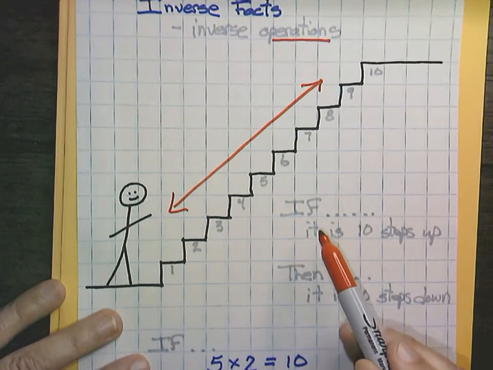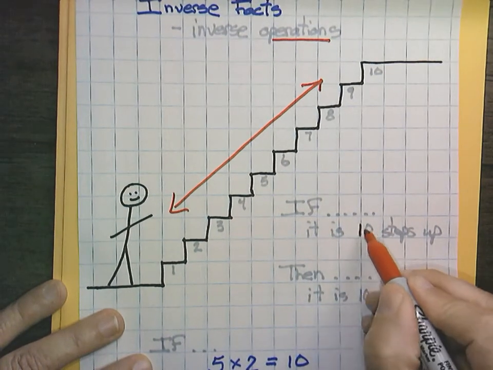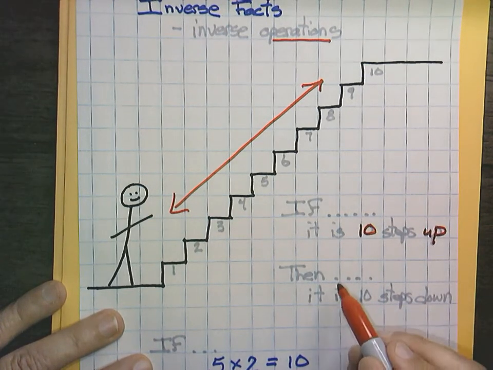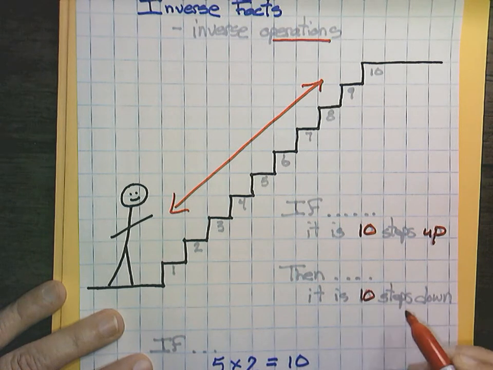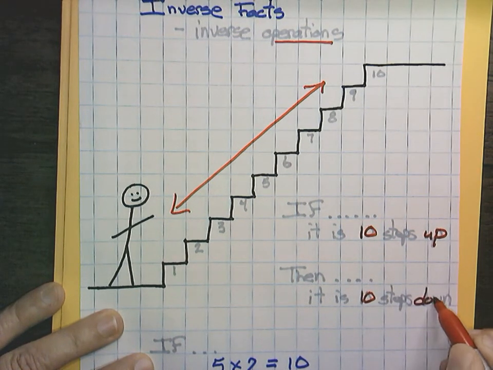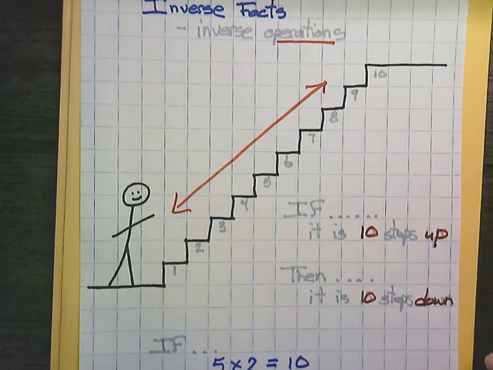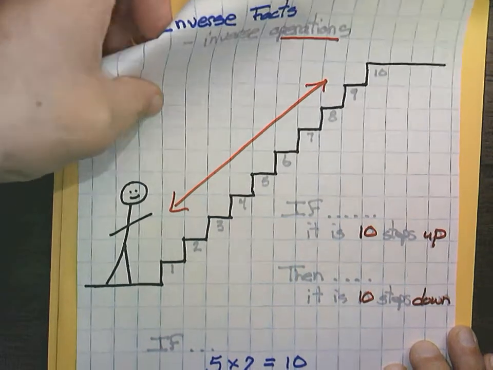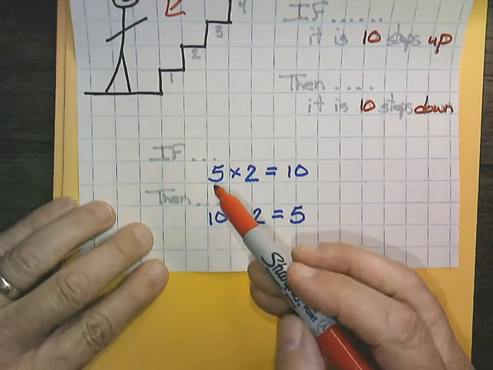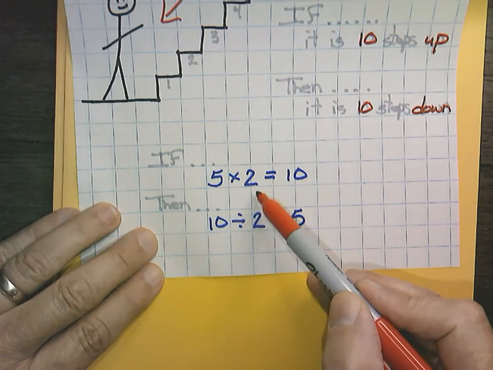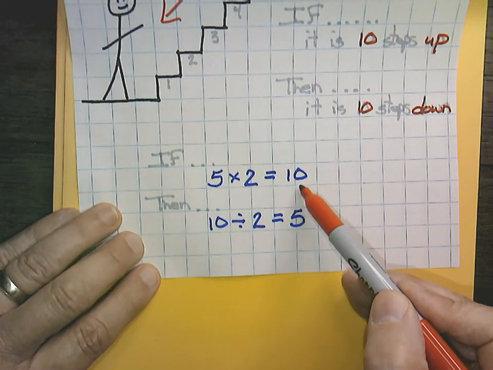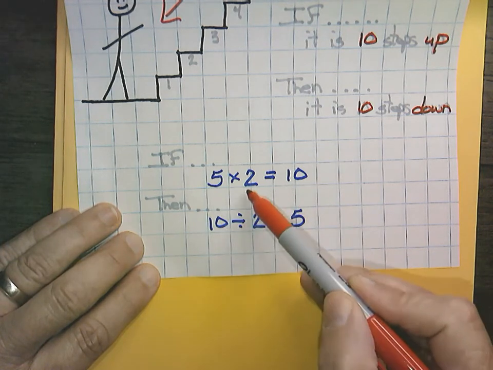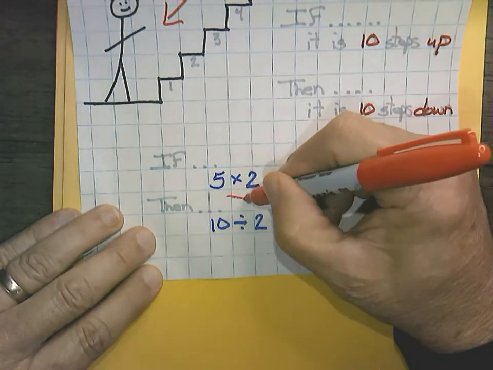So the idea is if it is 10 steps on the way up, right? Then it is going to be what? 10 steps on the way down. And so, what does that have to do with division and multiplication? It's a similar idea. When you have multiplication and division, if, for example, 5 times 2 equals 10, well, then 10, which is here, divided by 2 is going to equal 5.